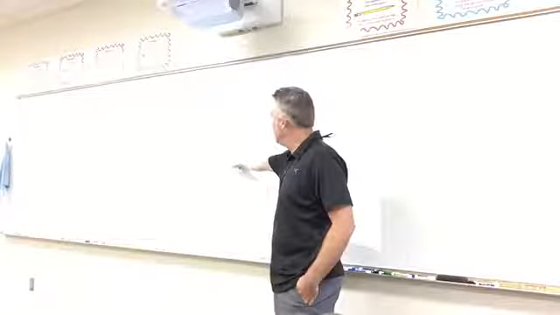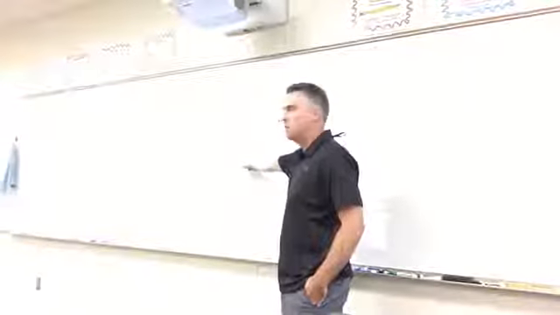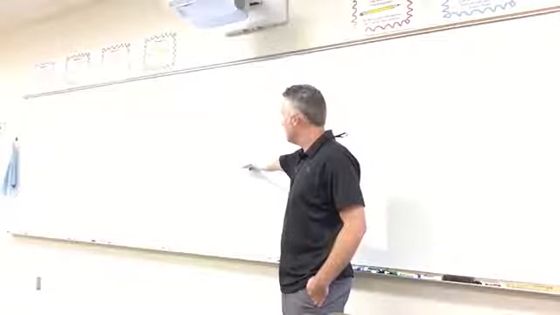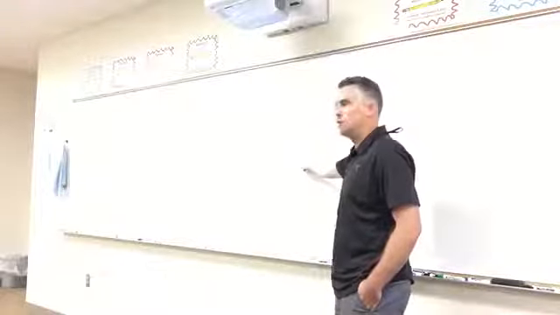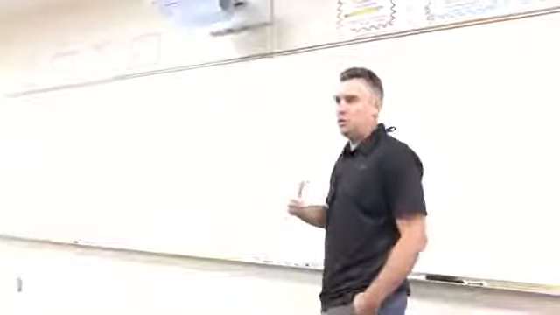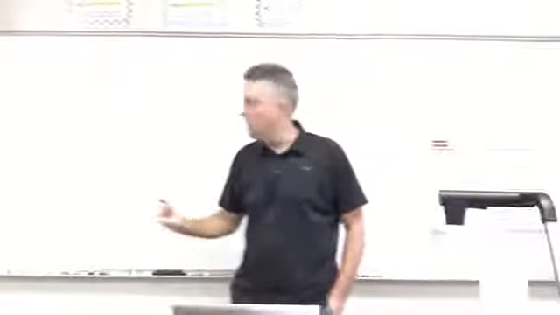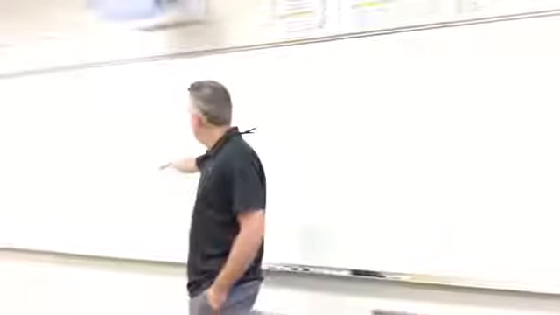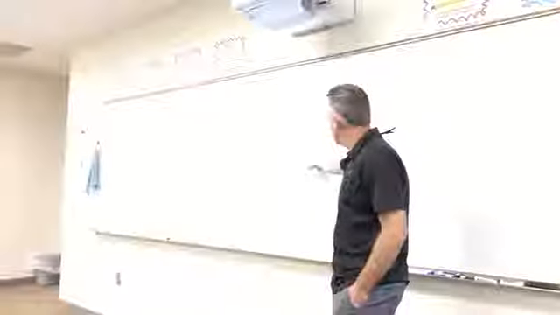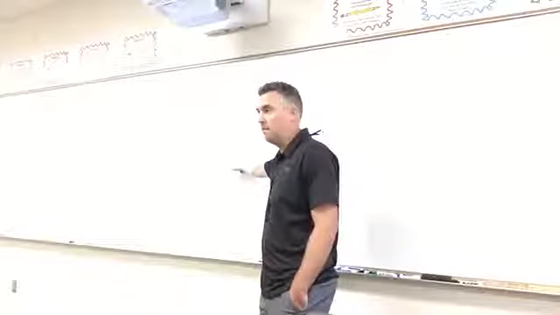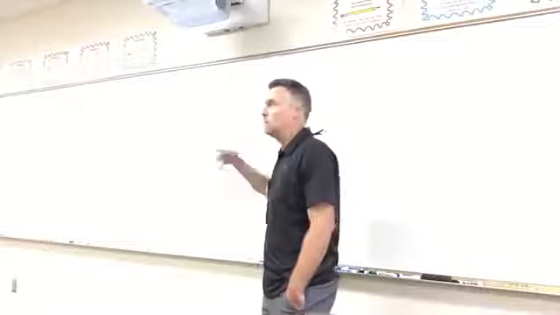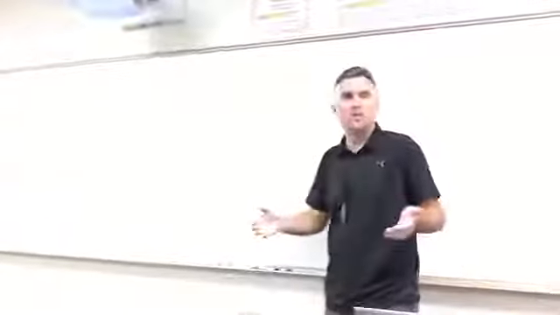So this guy has 2 rows and it has 3 columns. This guy has 3 rows and 3 columns. Whenever we do matrix multiplication, the number of columns in the first matrix has to match the number of rows in the second. If it doesn't, you can't multiply them. The product is just not defined.